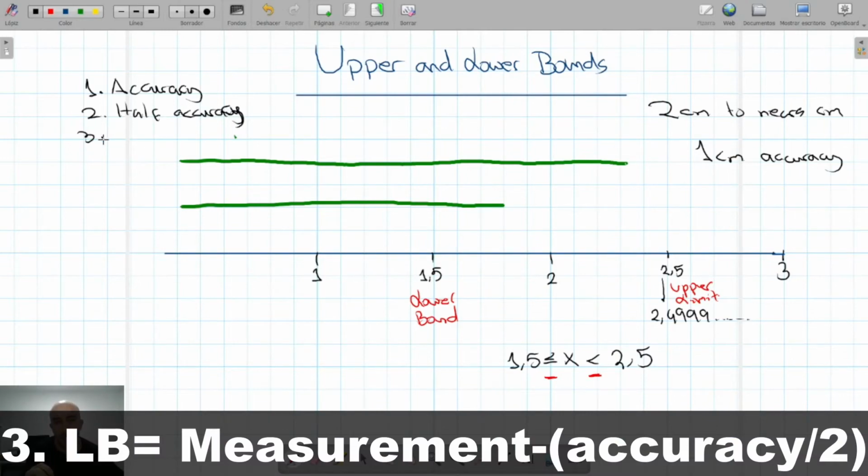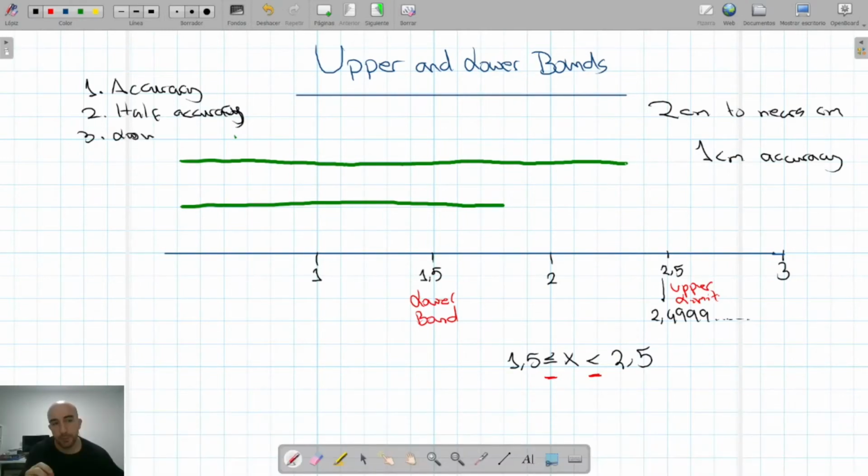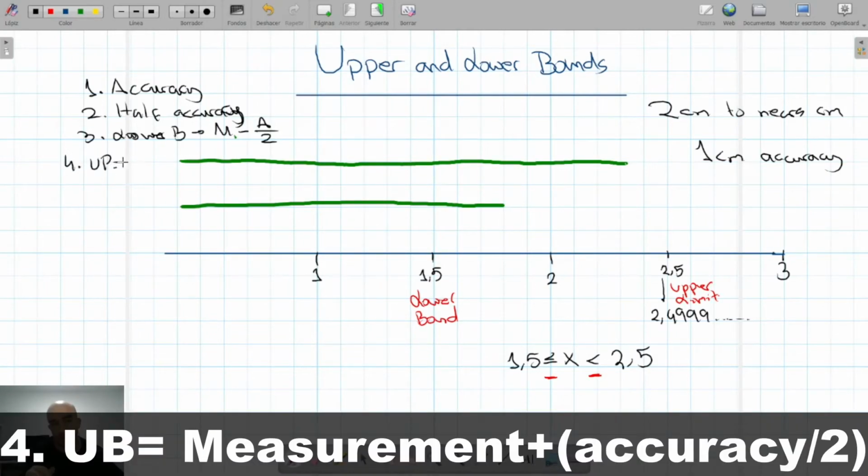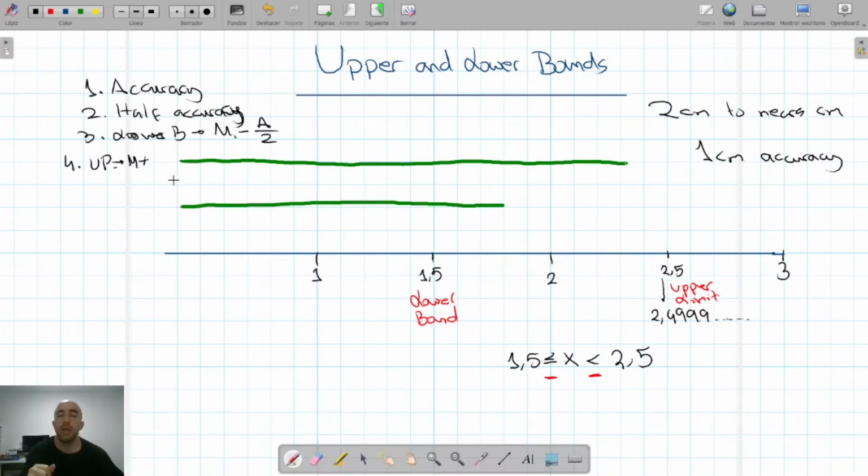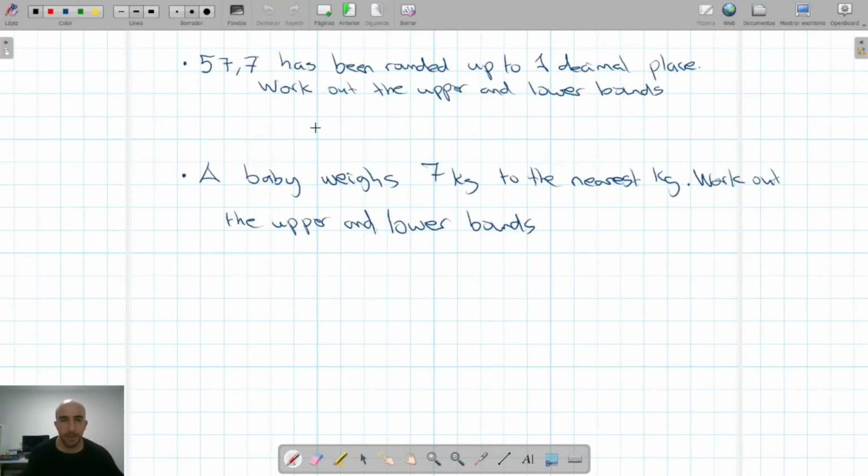Step 3, lower bound is our measurement minus our accuracy divided by 2, and our upper bound is our measurement plus our accuracy divided by 2. Okay, so let's go and look at some exercises.